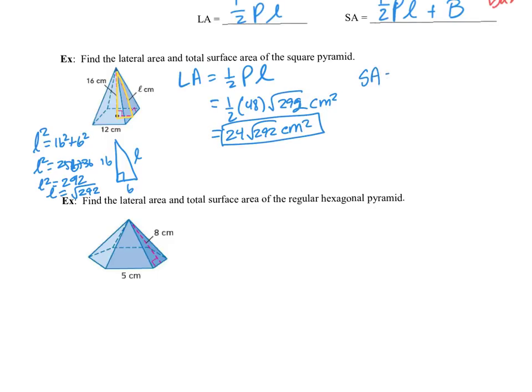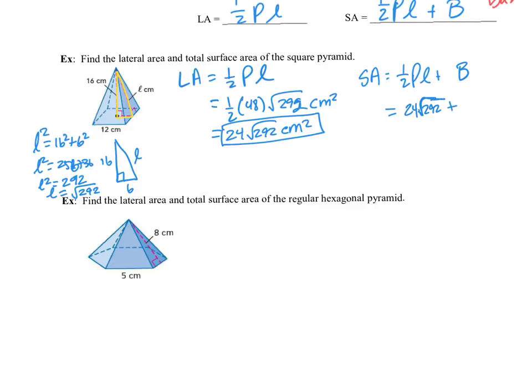Then for total surface area, we're going to take the lateral area and then the area of that one base. We've already done the work for 1/2 PL. We know it's 24 times the square root of 292, which I know could be simplified a little bit, but for now we're not going to worry about it. Then let's add that to the area of the base.